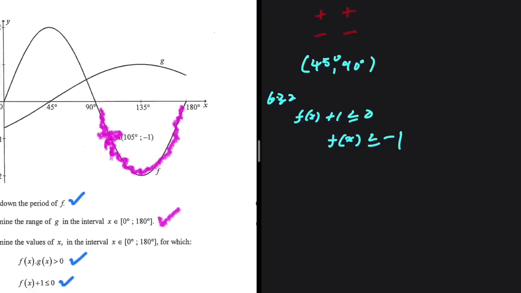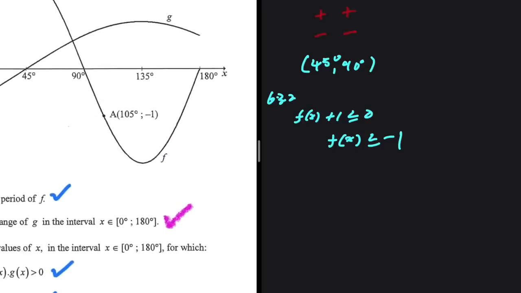We are given a point A of coordinates 105 degrees for the x value and minus 1 for the y value. And then as the value of x increases, f of x is negative, and f of x is less than minus 1 up until this point.